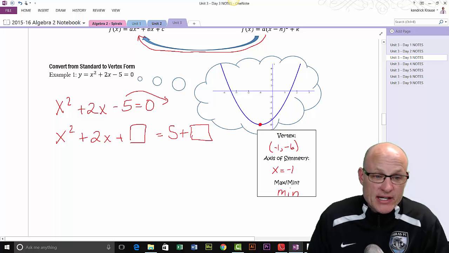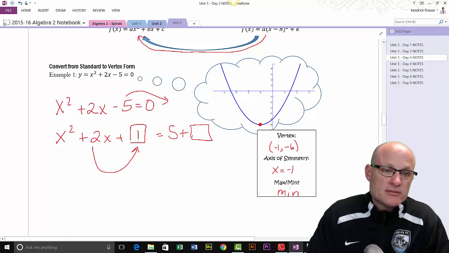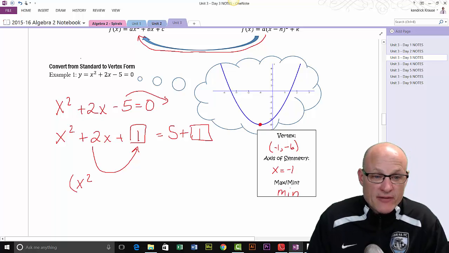So what I'm going to do is factor the left side. This is why you do completing the square. If you remember correctly, it's x plus whatever half of the middle was before you squared it. In this case, it's still 1. x plus 1 squared equals 6.